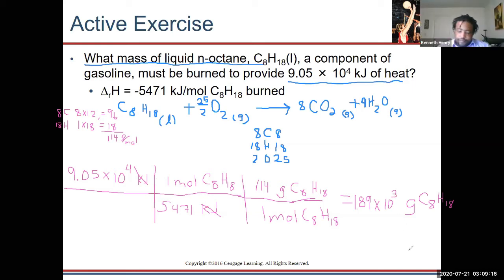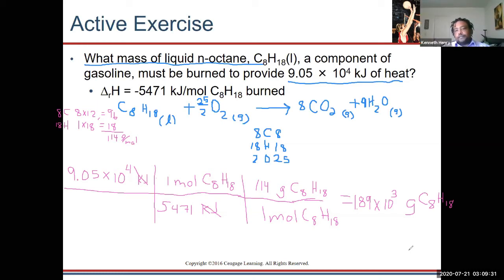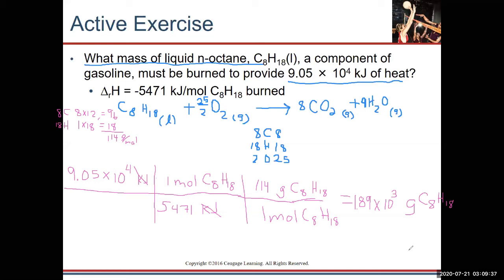Okay. Wait, how is that happening? Not scientific notation. What? I'm not getting an exponent. You're not getting what? I'm not getting exponents after. He turned it into one.